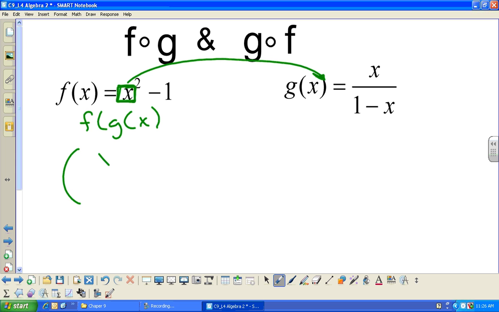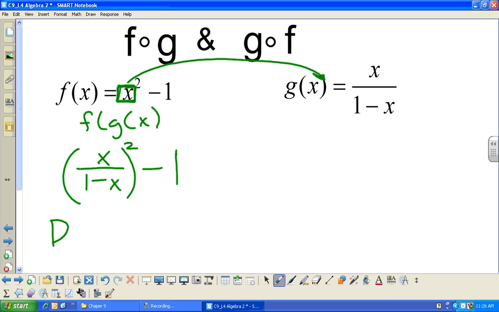So instead of x, it'll be x over 1 minus x, squared, minus 1. Again, you don't have to simplify this. If you have this answer on a test or something like that, I would accept this answer.